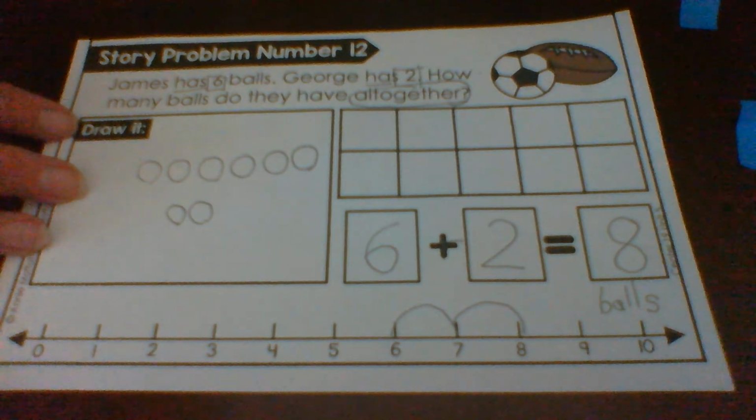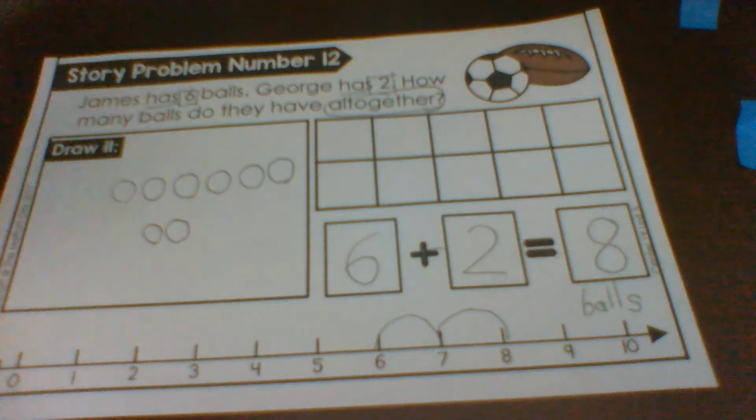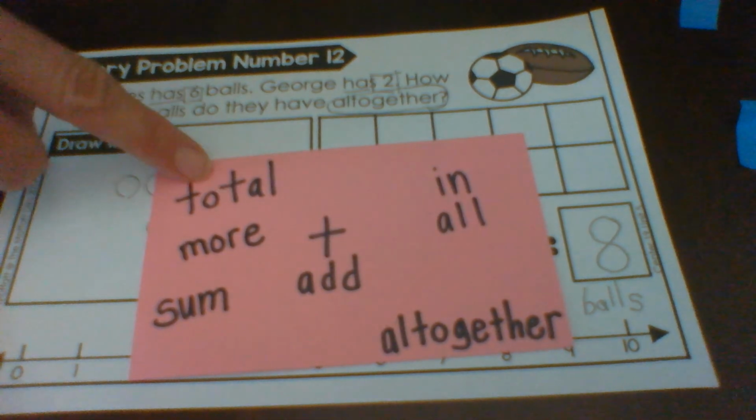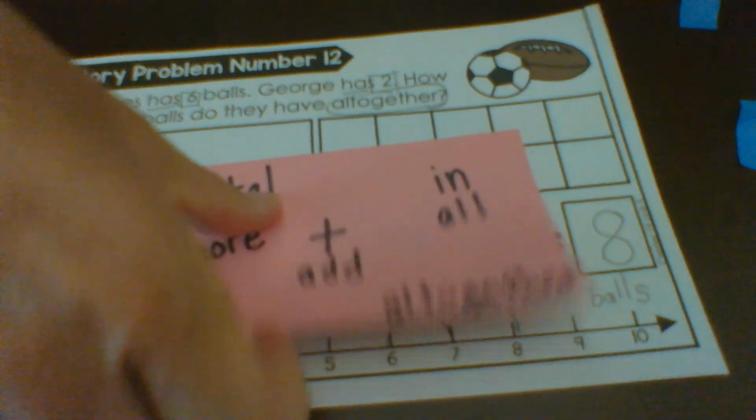All right, boys and girls, you did a great job. You showed me that in a story problem, you can listen for keywords to know if you should add or subtract, right? Some of those keywords for adding, Mr. Chad add, are total, more, some, in, all together.